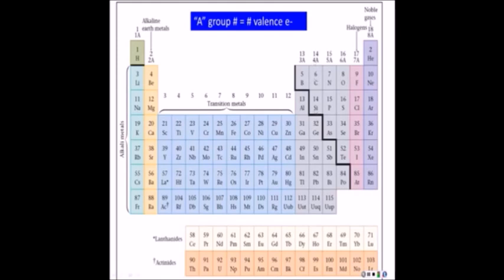That would be the same for silicon, 4 electrons in this outermost energy level. Oxygen would have 6 electrons in this outermost energy level. Bromine, number 35, 7 electrons in this outermost energy level. So it's really handy to be able to use the periodic table for this.